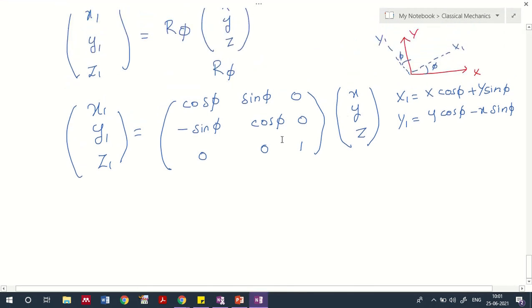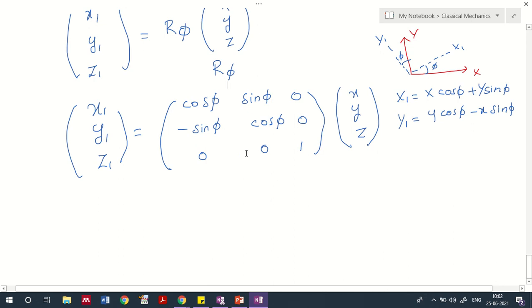So we have represented the corresponding matrix here, and you can see where we get this cos phi, sin phi. Corresponding to x1, what we got is x1 equal to x cos phi plus y sin phi, and the z element is 0. Similarly for y1, that is y cos phi minus x sin phi, so the x element is minus sin phi, the y element is cos phi, and 0.